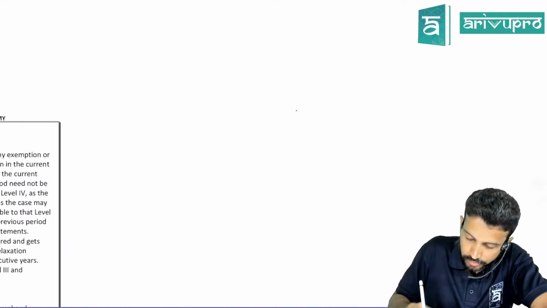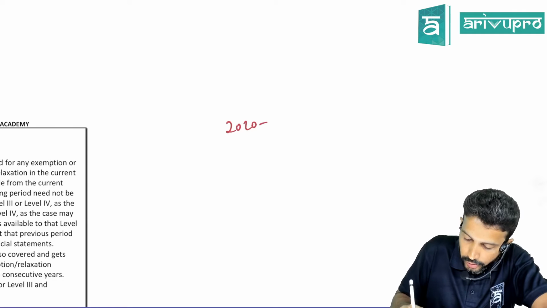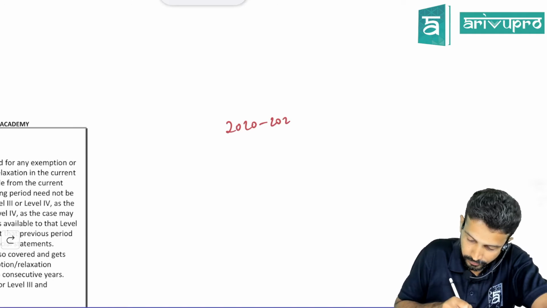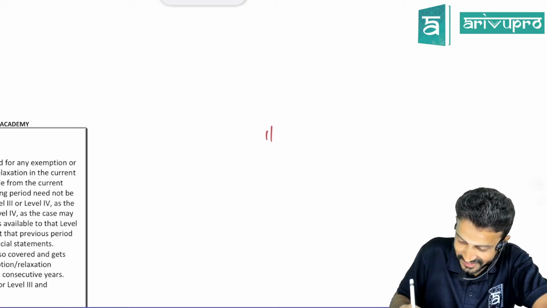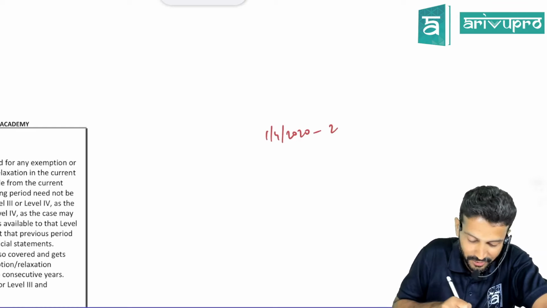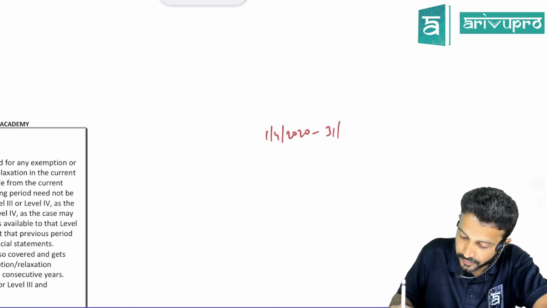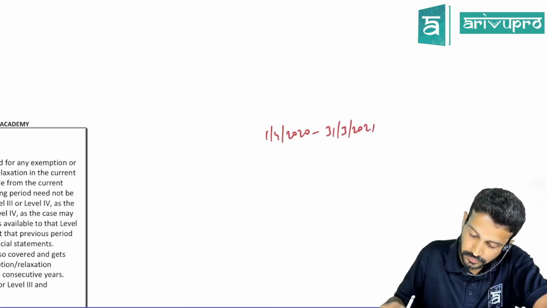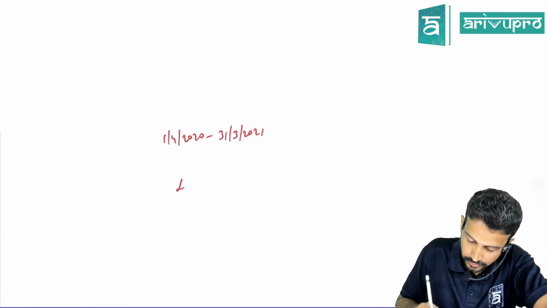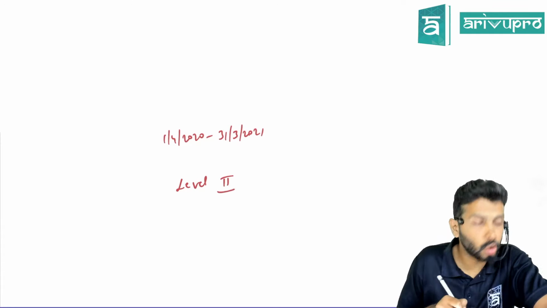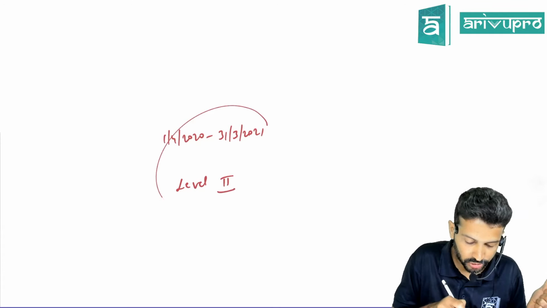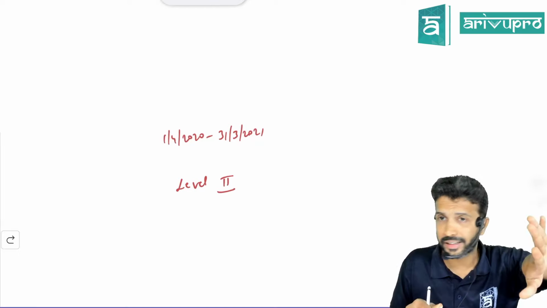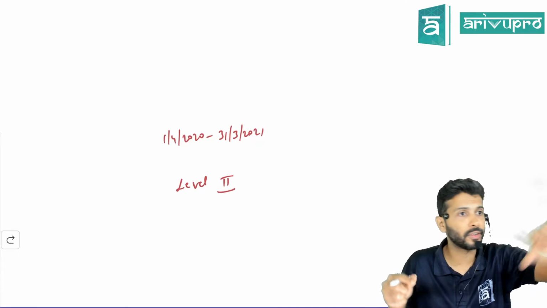Sir, suppose in 2020-2021, that is 1st April 2020 to 31st March 2021, you were a level 2 entity, because your turnover and your borrowing were fitting into that limit.